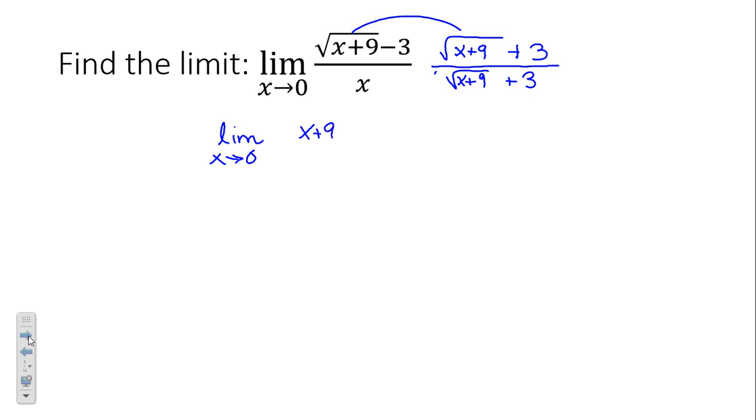Outsides is going to get us a positive 3 times the square root of x plus 9, but insides is going to get us a negative 3 times the square root of x plus 9. They're supposed to cancel, right? That's why we did this by design. And finally, last times last, minus 9. I kind of like that. And down here, let's leave this in factored form. We're taking x times the square root of x plus 9 plus 3.